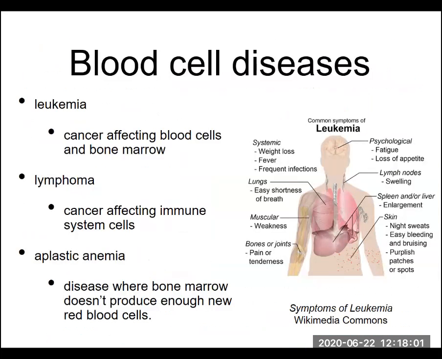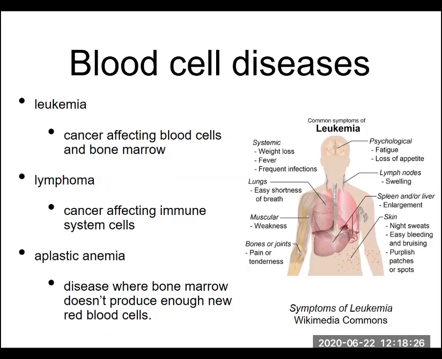To take another example, we can take a look at blood cell diseases. Blood cell diseases like leukemia. Leukemia is a cancer affecting blood cells in the bone marrow. Lymphoma is a cancer affecting the immune system cells, the cells that kind of protect the body from bacteria or viral infections. So, if we get a cancer of that, they're going to spread through the body and cause problems.